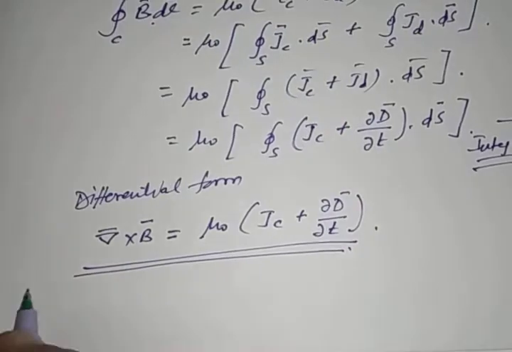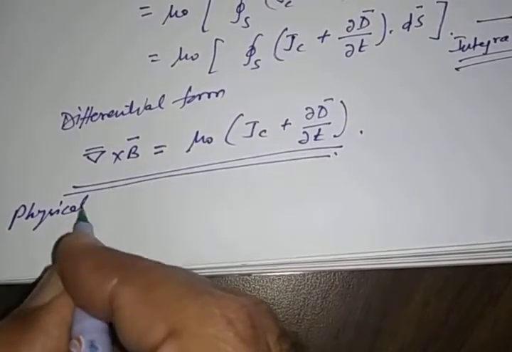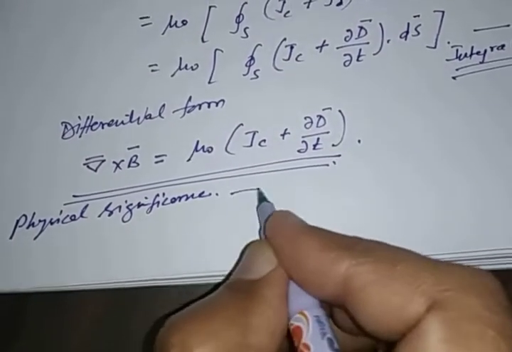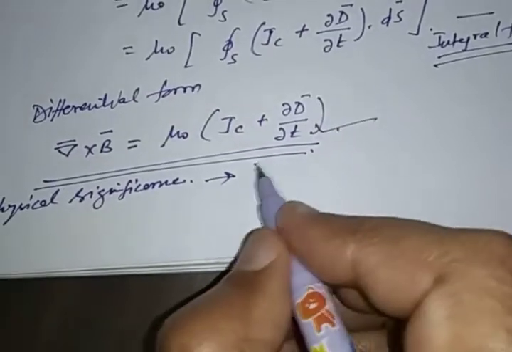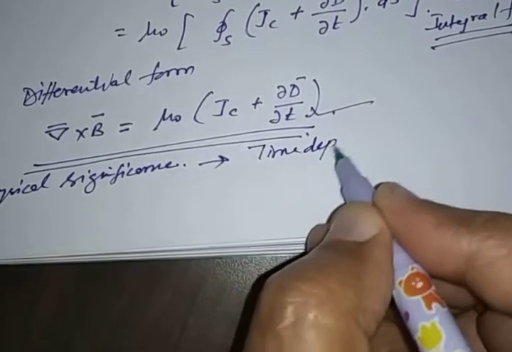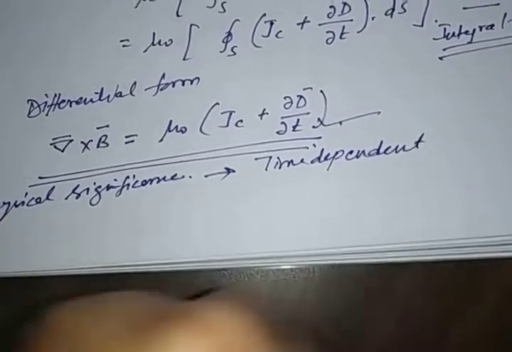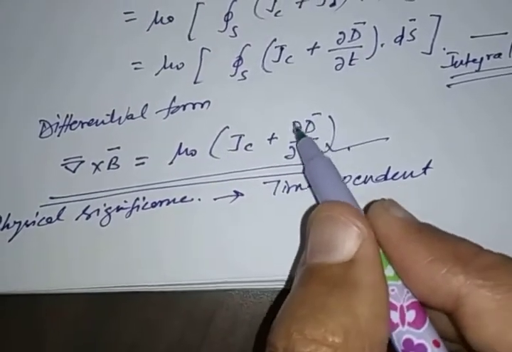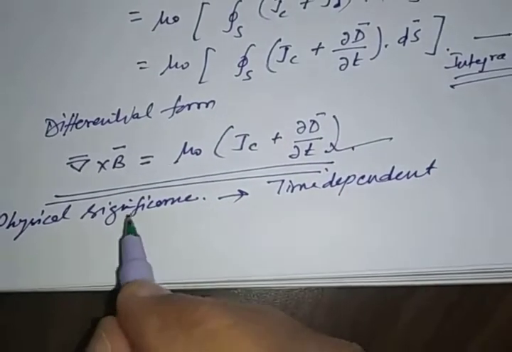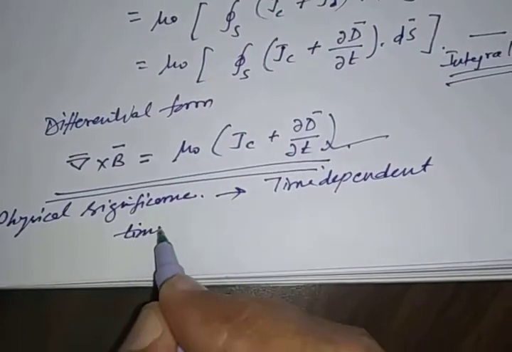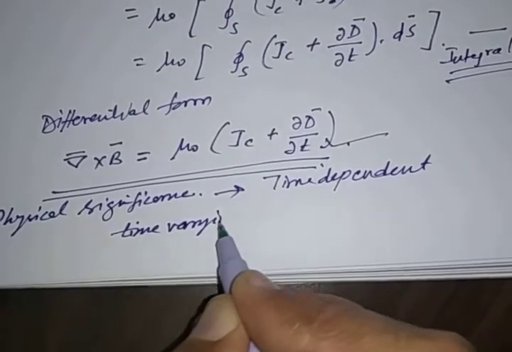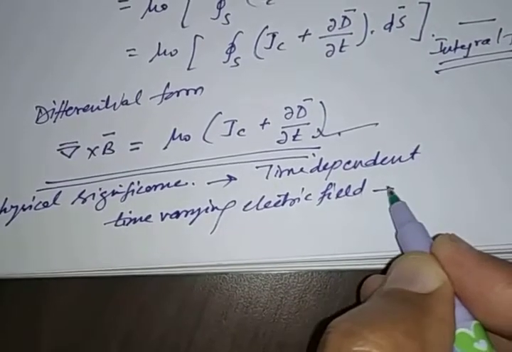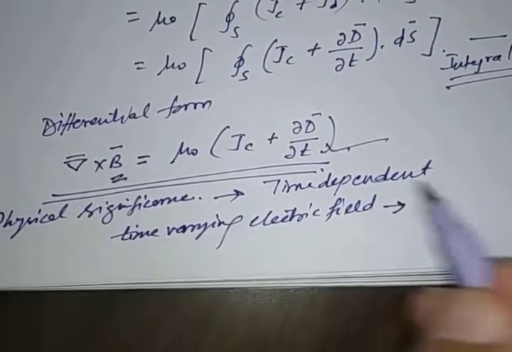If you see the physical significance, we can easily make out that this equation is time dependent, as well as we see that the rate of change of electric field, or we can say time varying electric field, produces magnetic field.